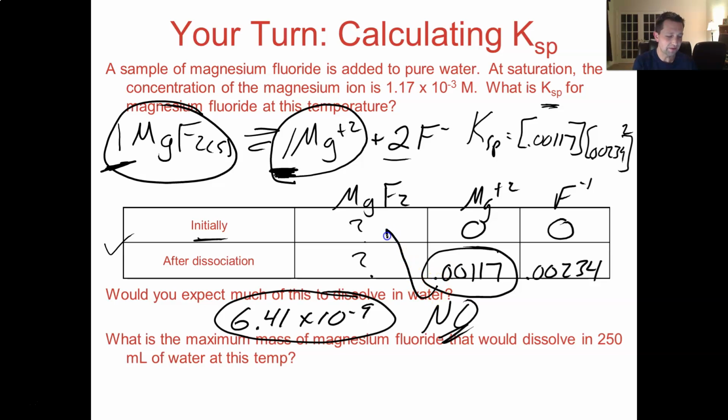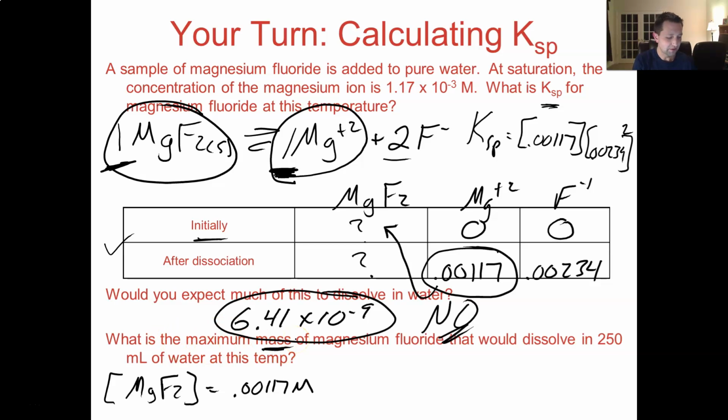That has to be your initial concentration of magnesium fluoride. So let's figure it out based off of that. You know the concentration of MgF2 was 0.00117 molar. All you have to do is convert that into mass.